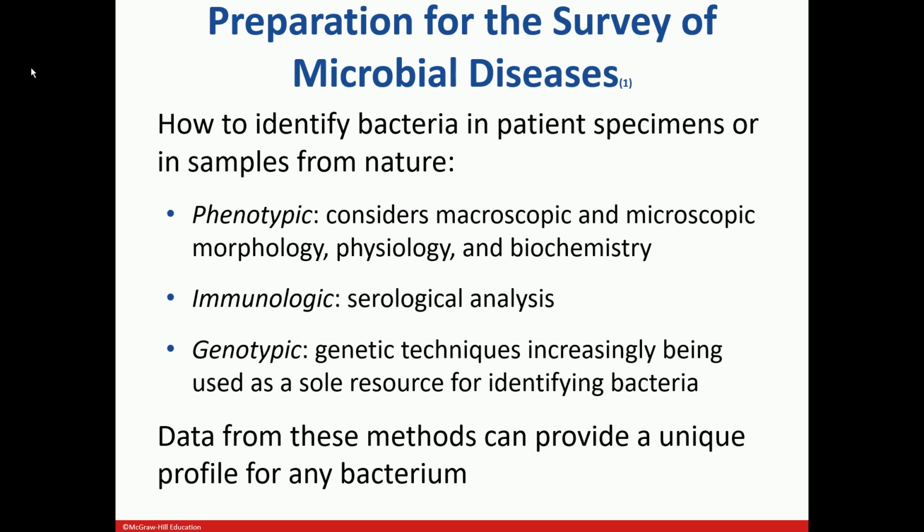When we are exposed to an infection, our body produces antibodies, and these antibodies are very specific to the antigen because they are produced in response to the antigen, and the antigens are part of the bacteria. So we can identify the bacteria causing the infection by the presence of the antibodies.